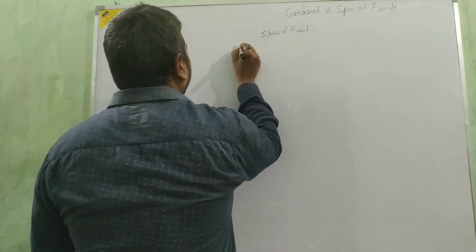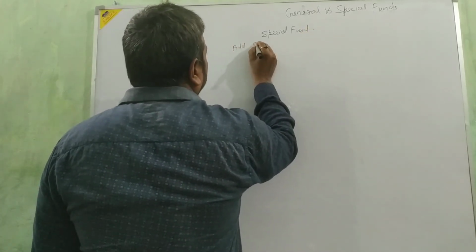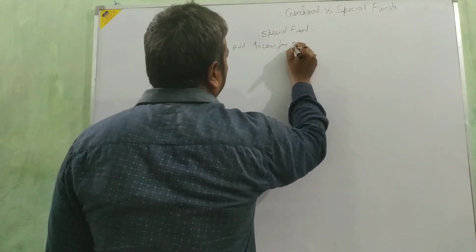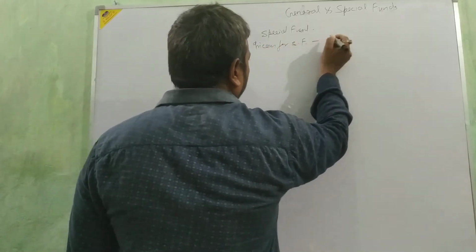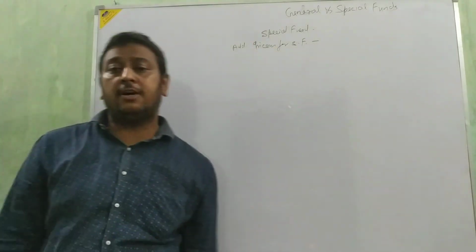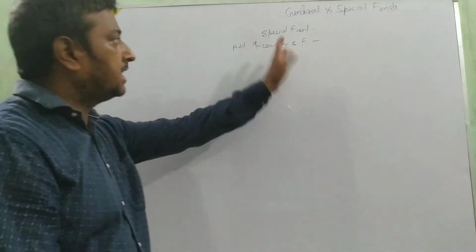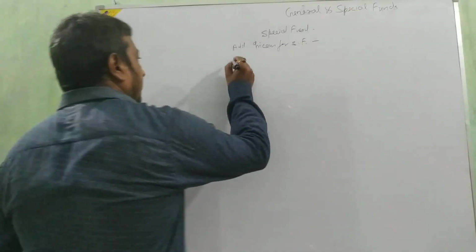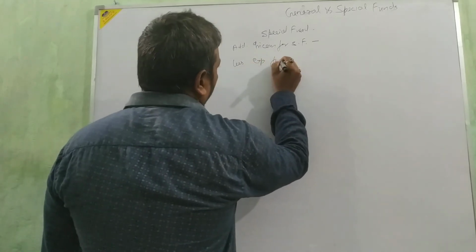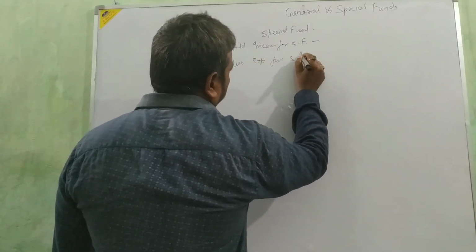Okay beta, if any special fund is given, then add income for the special fund. If any income is related with this special fund, that will add in this special fund, and less expense for the special fund.